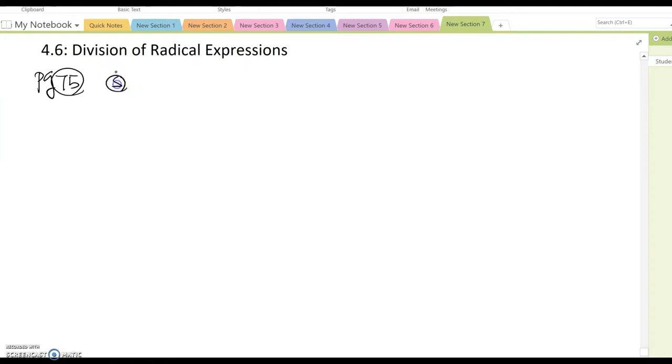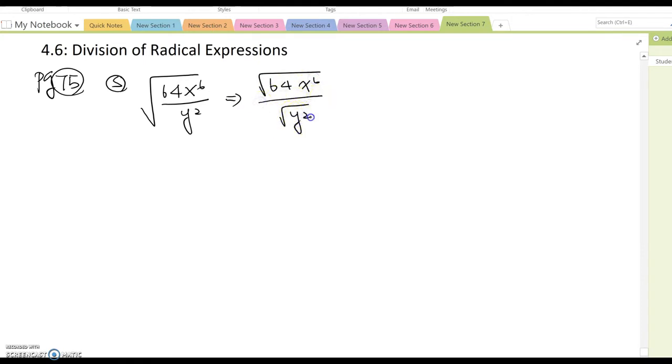Letter S first. It shows the square root of 64x^6 over y squared. So this time you can rewrite it as the square root of 64x^6 over the square root of y squared, and now you need to simplify as much as possible.